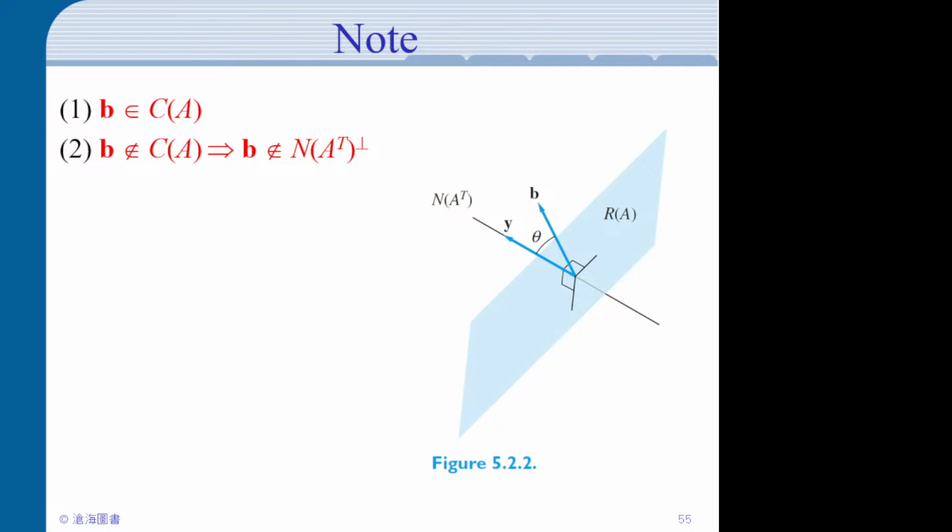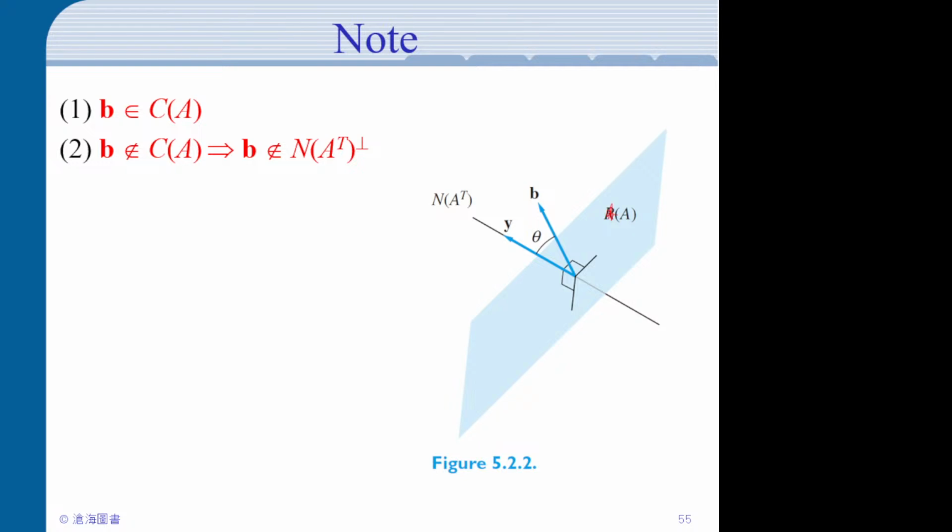So for whatever b, we can separate it into components, because the column space and null space of A transpose span the whole space.